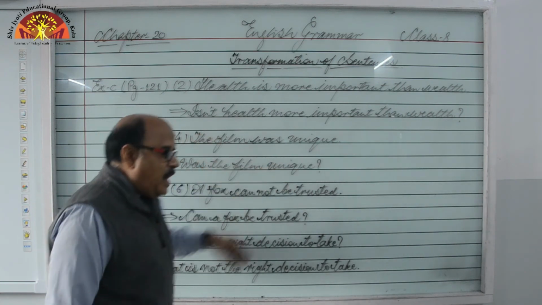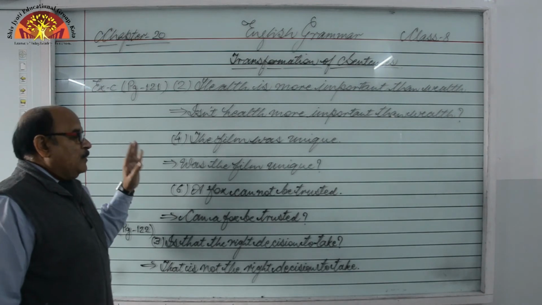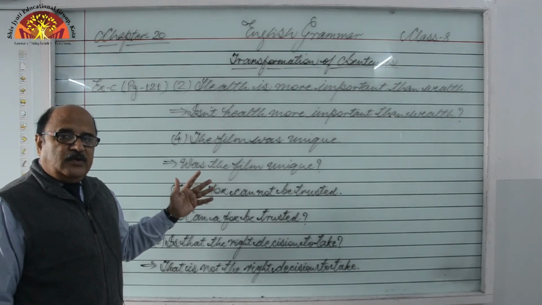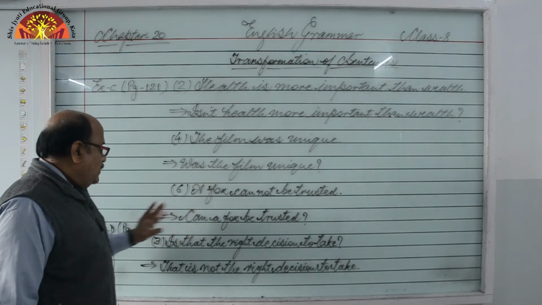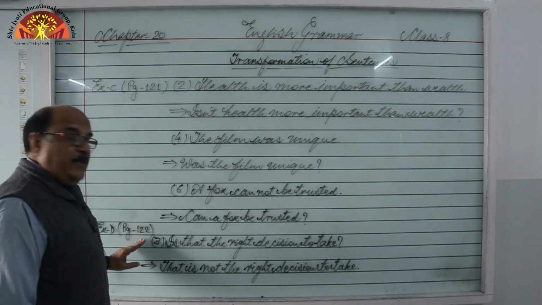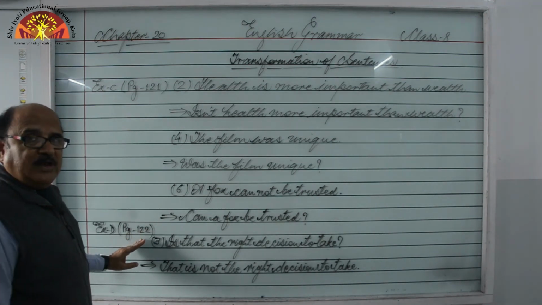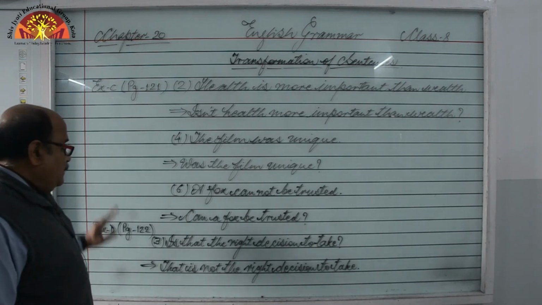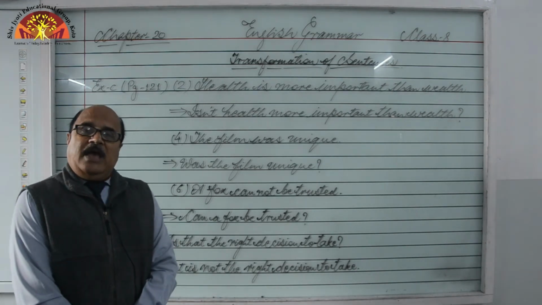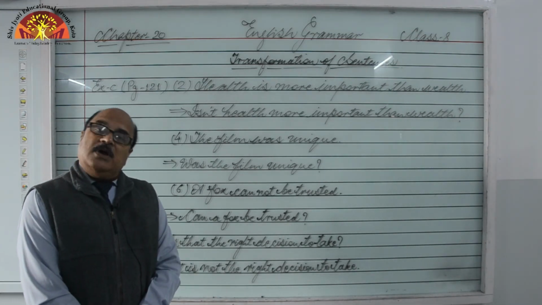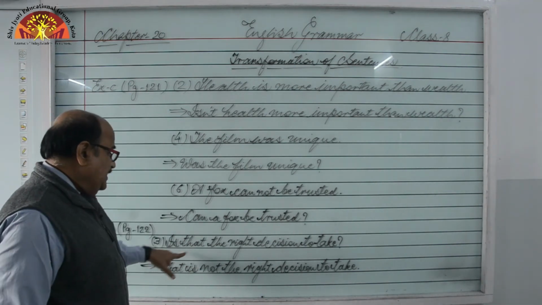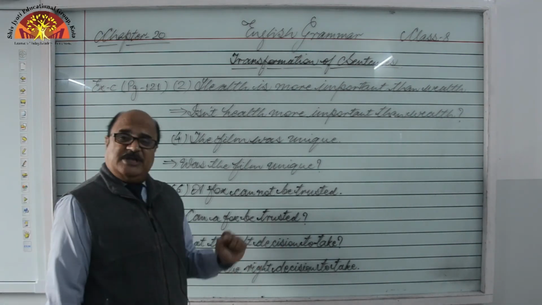Okay students, now we are going to learn how to change an interrogative into assertive, right? So please open your book at page 122, exercise D. Interrogatives have been given and we have to change them into assertive. Is that the right decision to take?